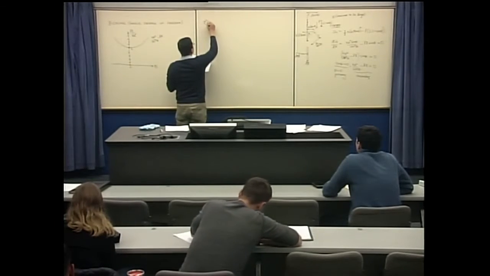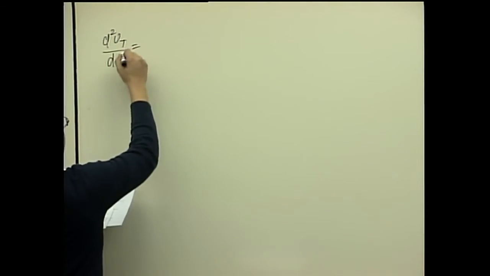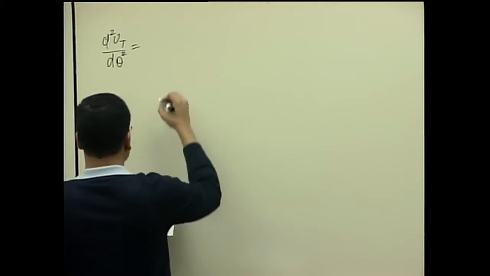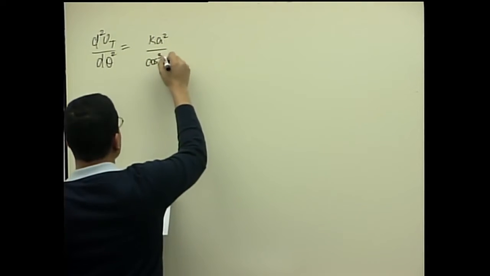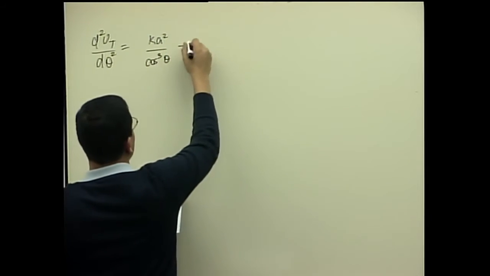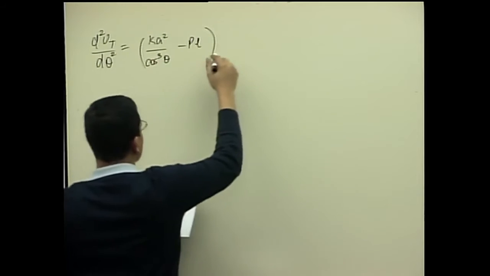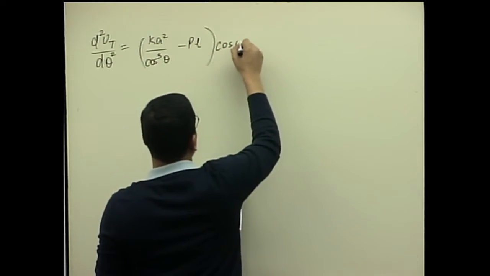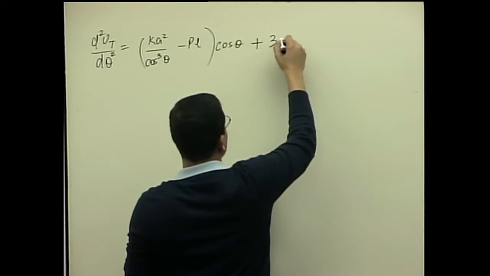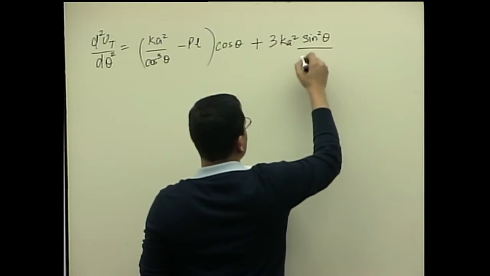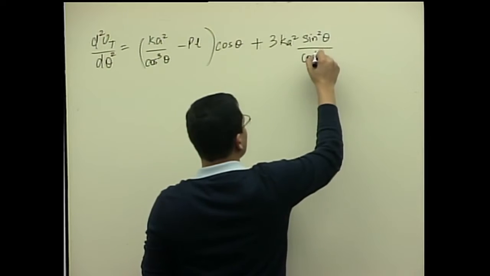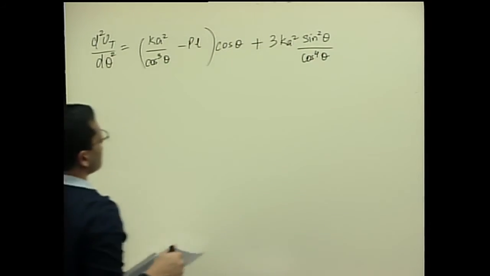So the second order differential with respect to theta becomes Ka square minus cosine cube theta minus PL times cosine theta plus 3 Ka square sine square theta over cosine 4 theta.